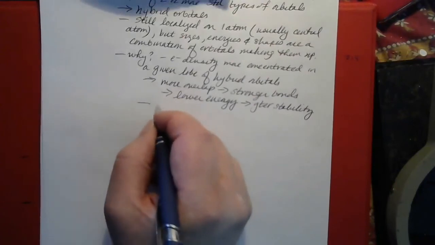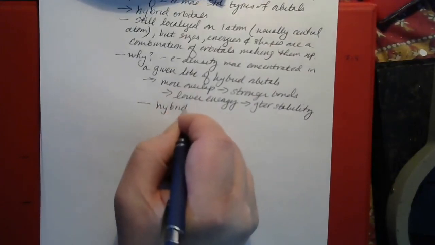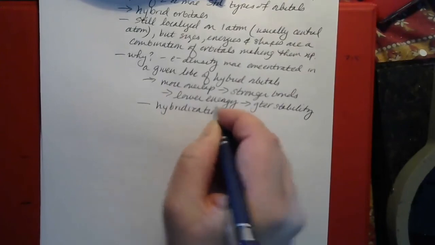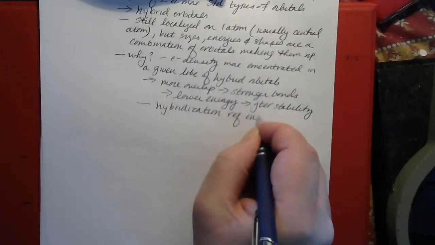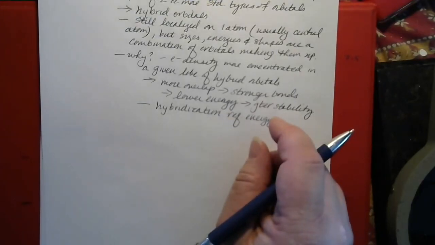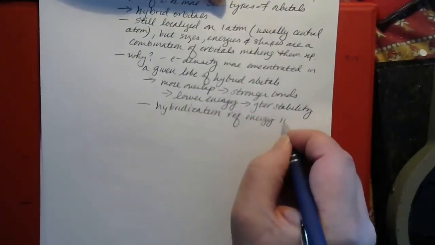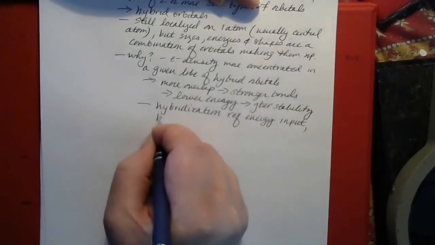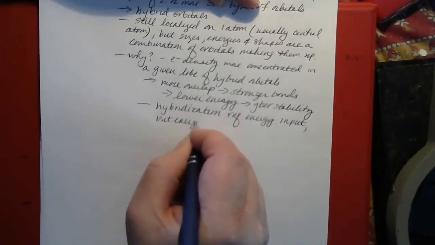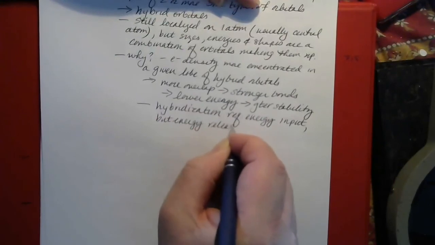Hybridization does require energy input. But the amount of energy you get out in stability once the hybridized orbital forms is usually more than enough to compensate for the energy that you have to put in.